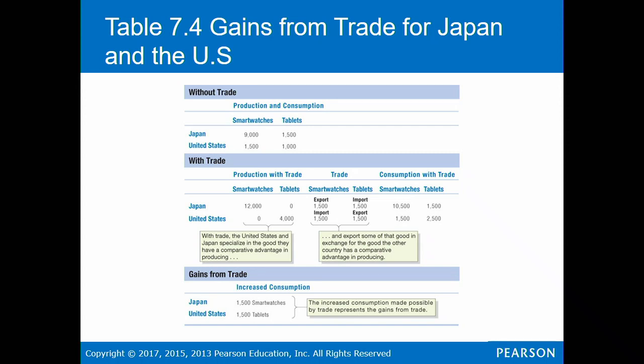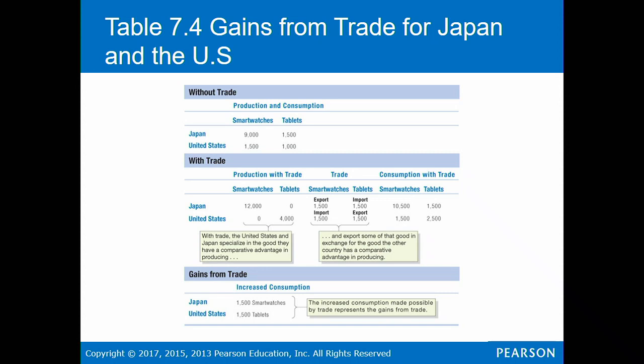So initially, Japan is consuming and producing 9,000 smartwatches, 1,500 tablets. US, 1,500 smartwatches, 1,000 tablets. Once we engage in this trade, so here we have the specialization before trade, and we're trading 1,500 smartwatches for tablets. Japan ends up with 10,500 smartwatches, 1,500 tablets.